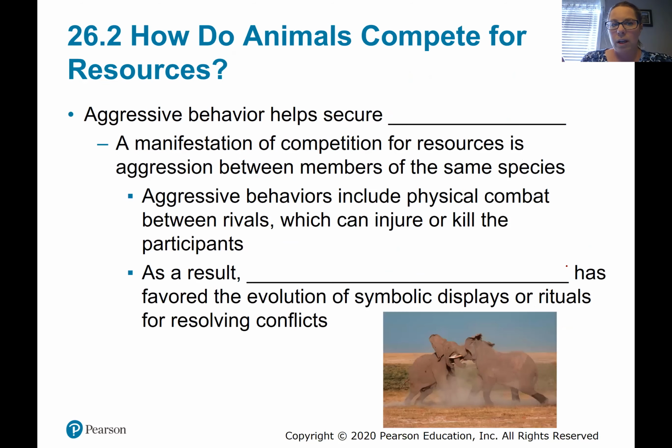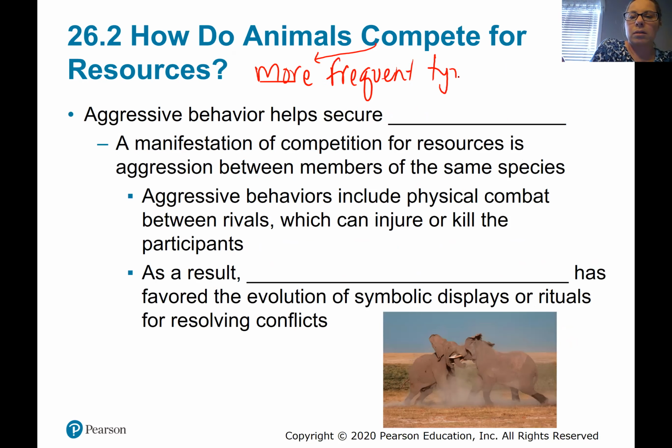So now we're going to shift gears a little bit and get into where this is crossing over into a little bit of ecology, because competing for resources is going to be one of the more frequent types of interactions between animals.